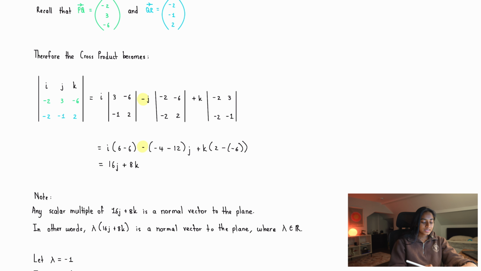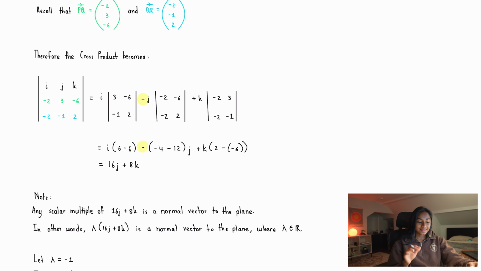So then for k, this would be 2 minus minus 6, which will be 8, so we'll have 8k. Our final answer, by using the cross product, would be 16j plus 8k.